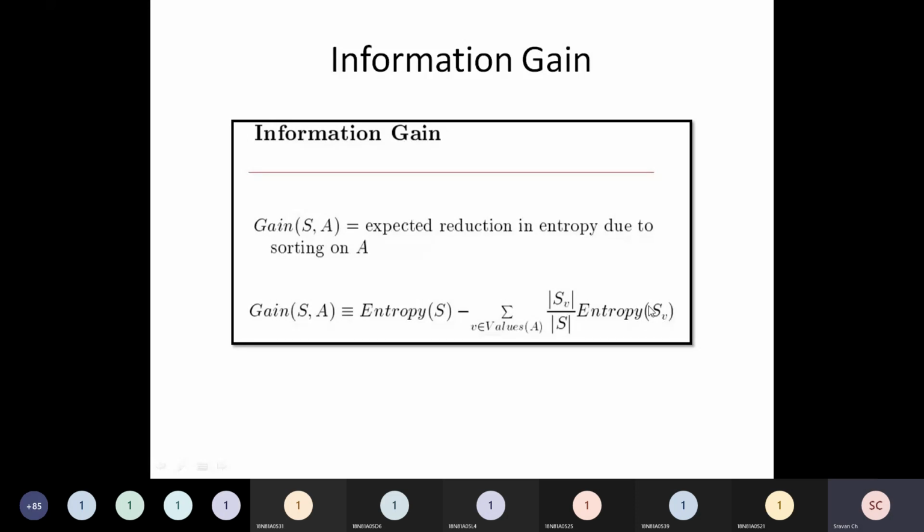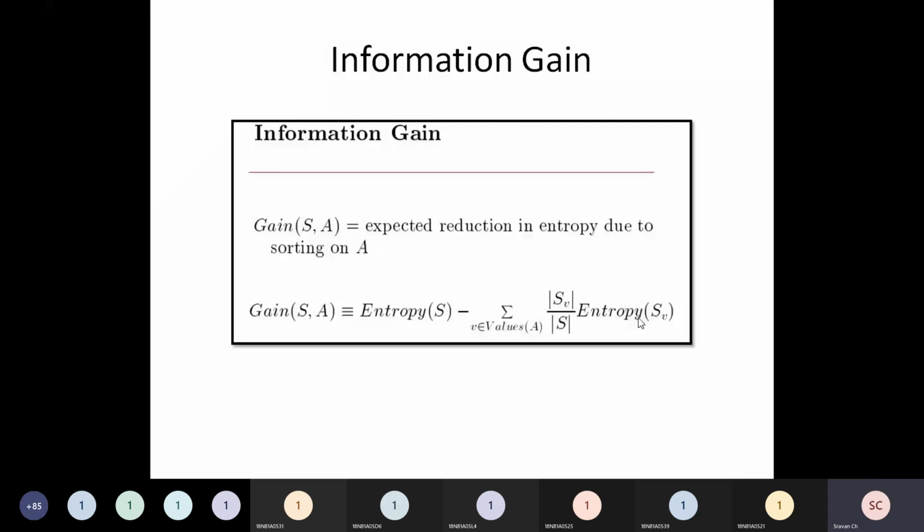So here, friends, we have to find the entropy of every attribute with respect to its possible values. You can understand this formula of gain after seeing the example. Sigma means summation. I'll show you, please observe carefully.